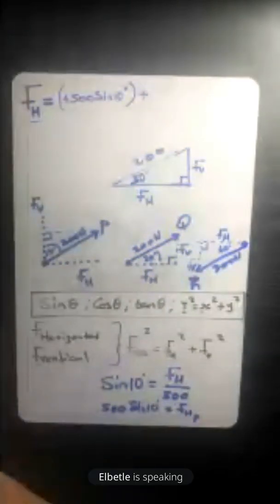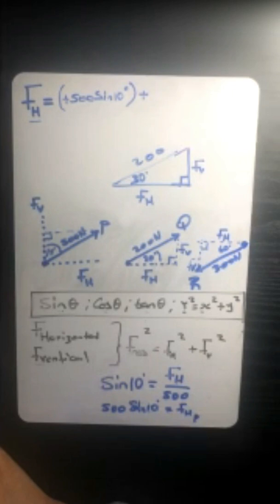So we're still going to use sine. Okay, I'll be saying sine, and then someone else says cos. But why are you saying cos? Because we're calculating for our FH. 100%.